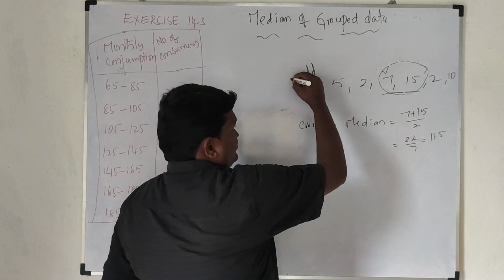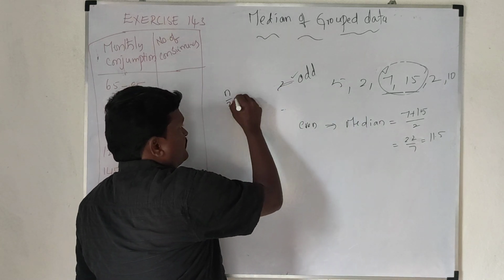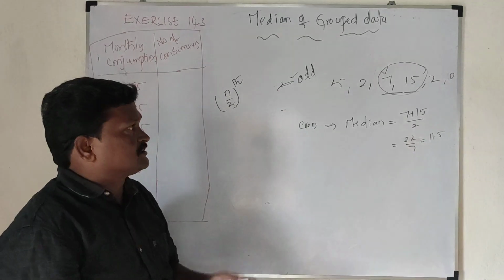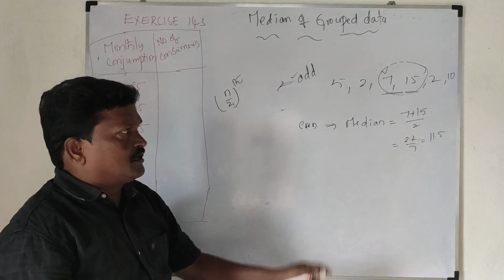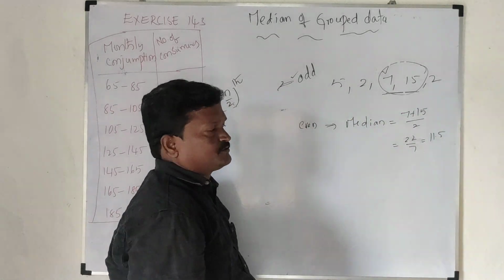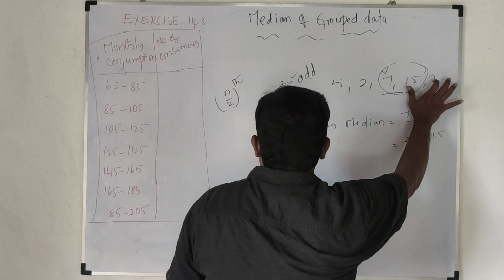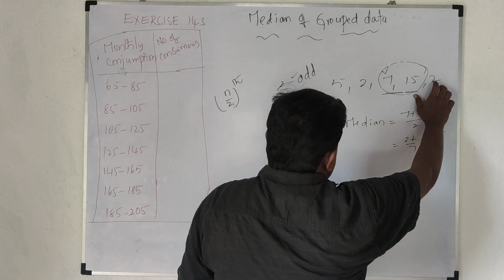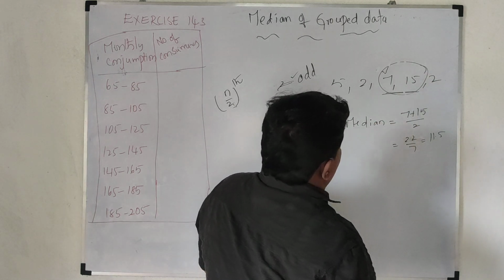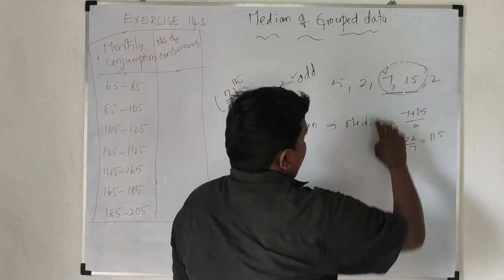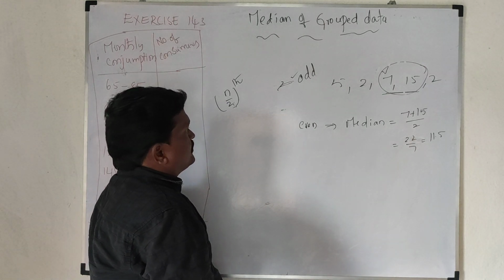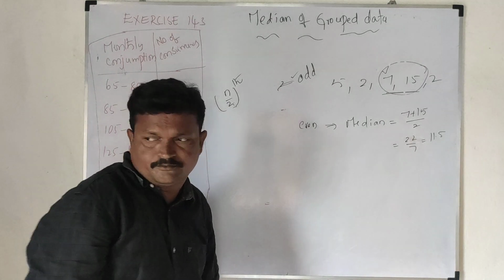If the number of observations is odd, then the n plus 1 by 2th term becomes the middlemost value, and that will be the median. Here n means the number of observations. How many are there? 1, 2, 3, 4, 5. So 7 is the middlemost value, the median of this data.